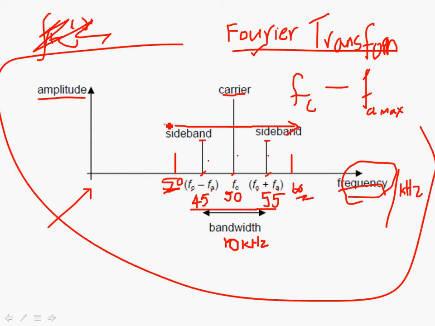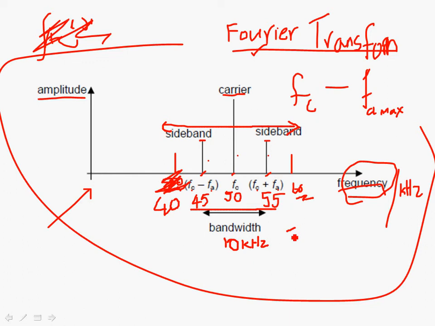It would be 60 minus 40, which is 20. Oh sorry, my mistake. What am I doing? Okay, what we have here is the bandwidth.